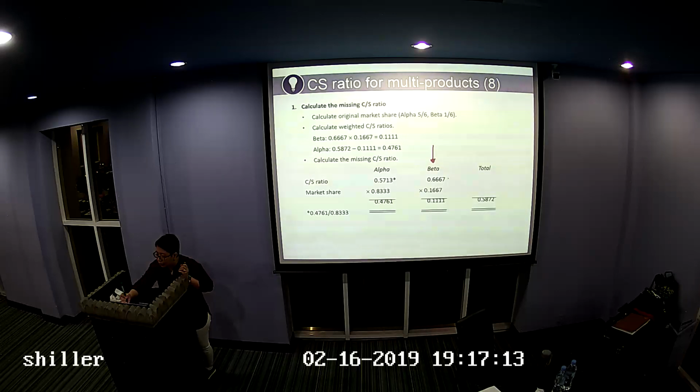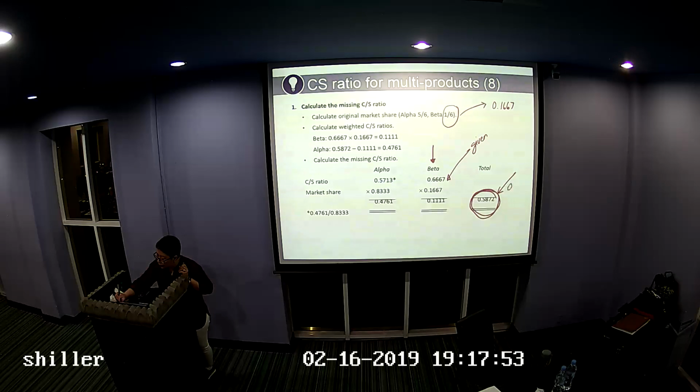Now, what is this one here? Is this given? Yes, it's given, right? Good. Now, what is the market share of beta? This one, right? What is that in decimal point? Isn't that 0.1667? Yes. Which means beta, right? If the overall CS ratio is 58, is that correct?